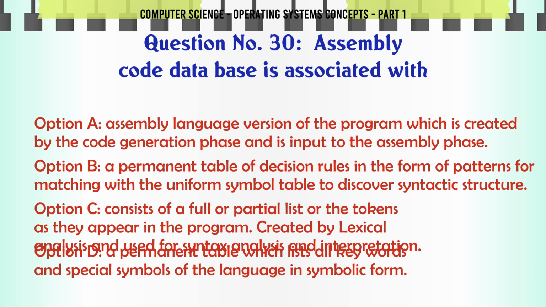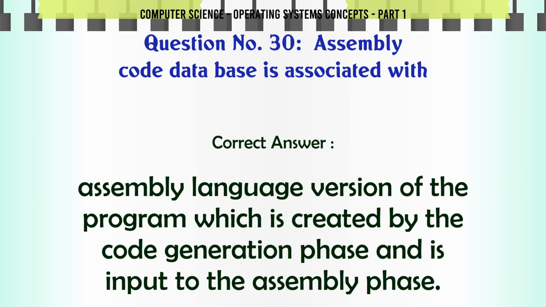Created by lexical analysis and used for syntax analysis and interpretation. D. A permanent table which lists all keywords and special symbols of the language in symbolic form. The correct answer is assembly language version of the program which is created by the code generation phase and is input to the assembly phase.